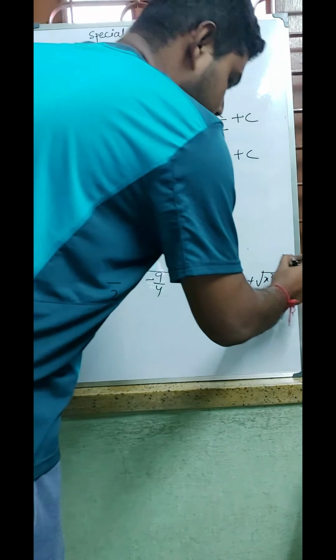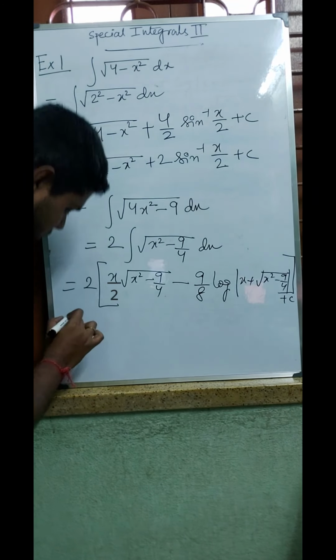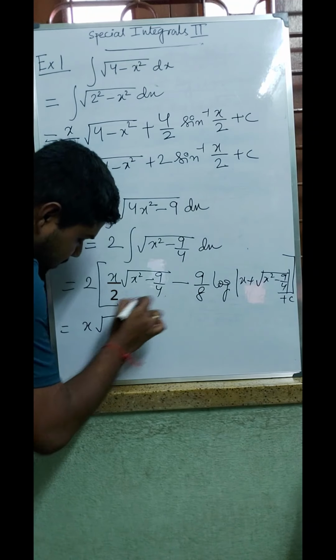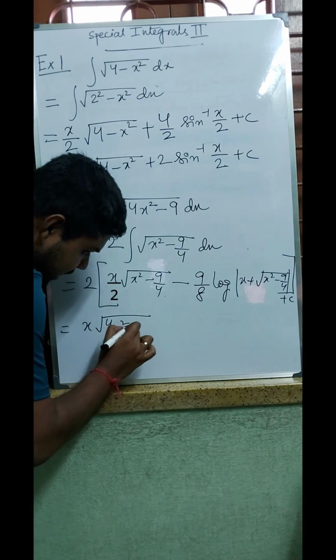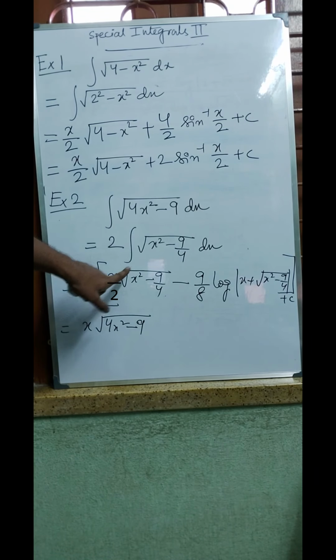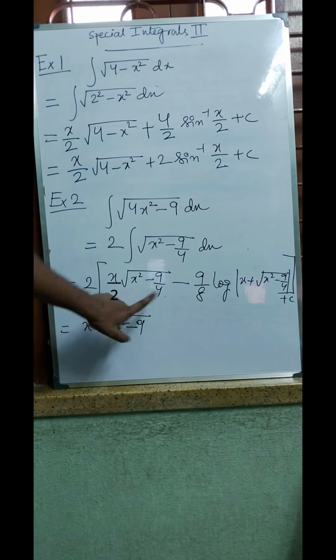Now obviously this part is inside the bracket. So now let us just remove the bracket. So 2 goes inside, x root of this becomes 4x square minus 9. You can see why, because if you take LCM, then this will become 4x square minus 9 by 4. This 2 and the 4 inside will get cancelled.